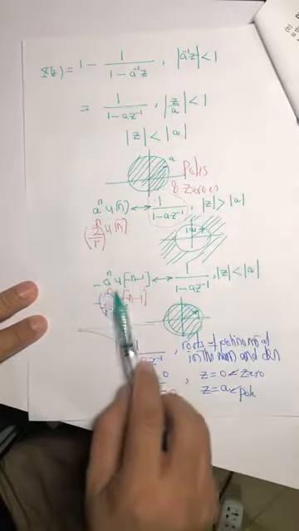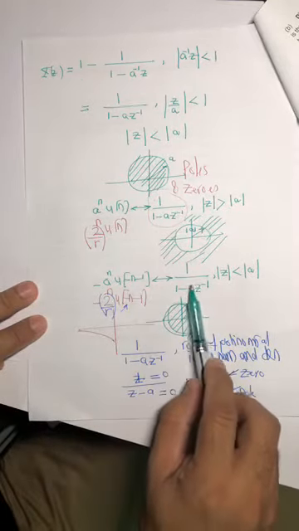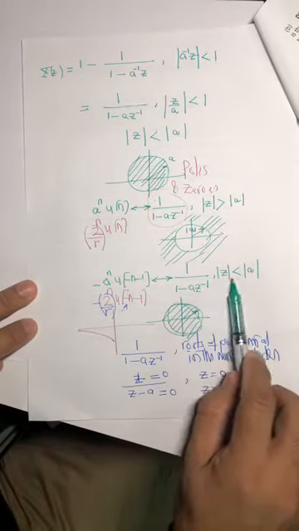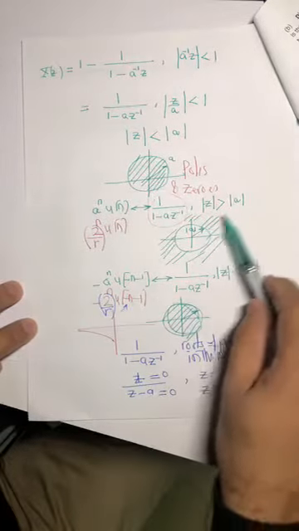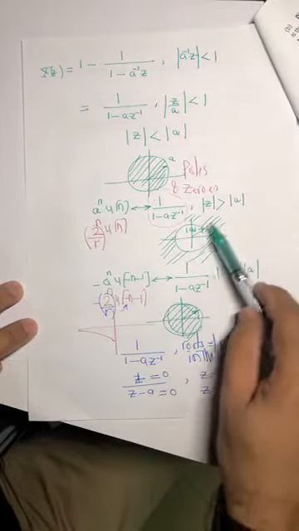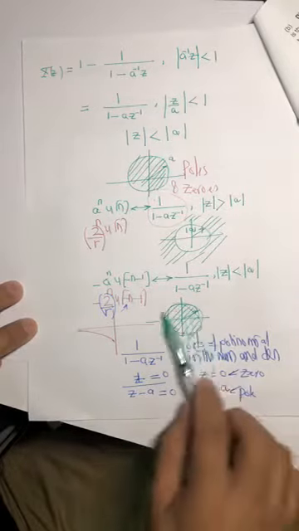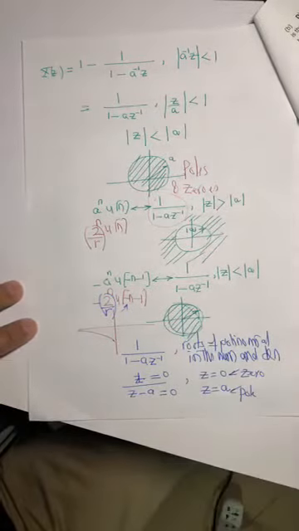For minus a^n u[-n-1], the Z transform is the same, but the region of convergence is magnitude of z less than magnitude of a. So here the region of convergence is outside a, and here it is inside a.